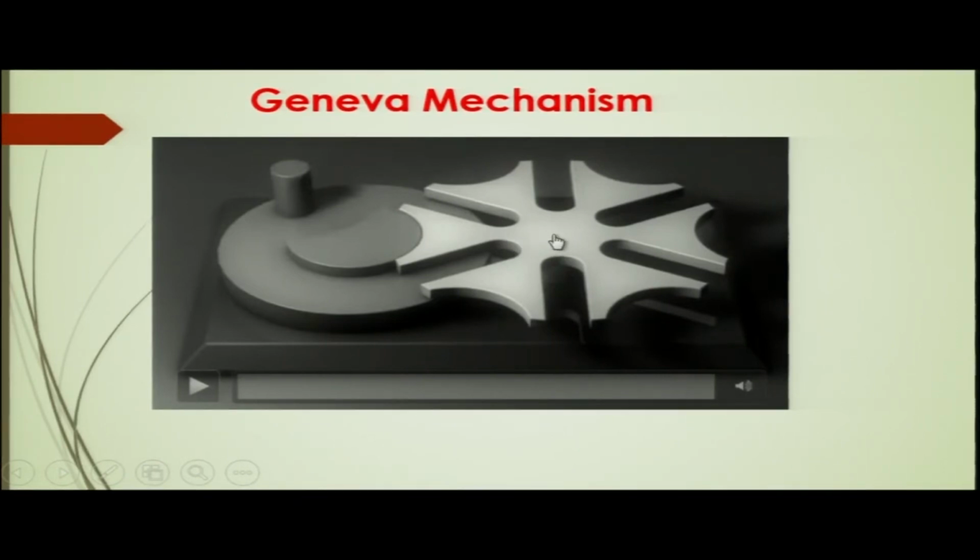The second drawback of the Geneva mechanism is the number of stopovers. Let us say here we have 1, 2, 3, 4, 5, 6. So, there are 6 positions here, and this number is limited in the case of the Geneva mechanism, otherwise the entire Geneva wheel will be very large.